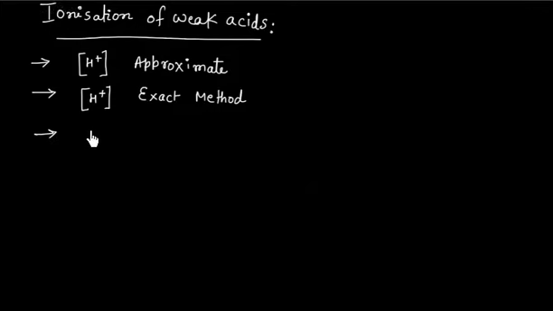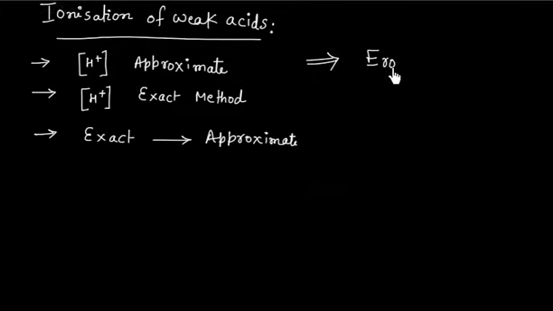So from the exact method, we can derive the approximate. In the last, we will also discuss error, how to find error. If possible, we will also discuss one problem related to all these ideas.